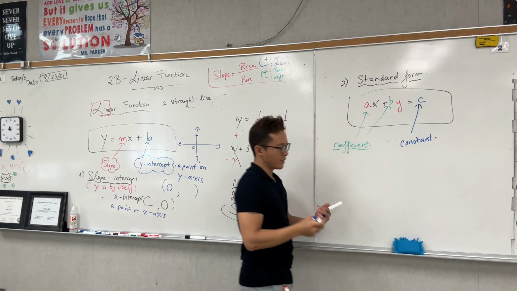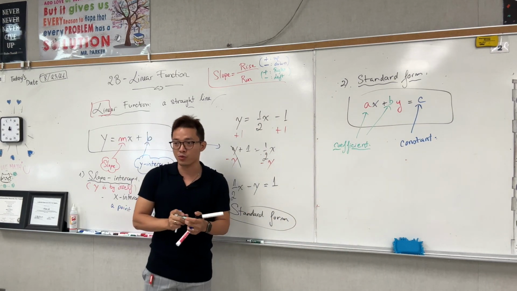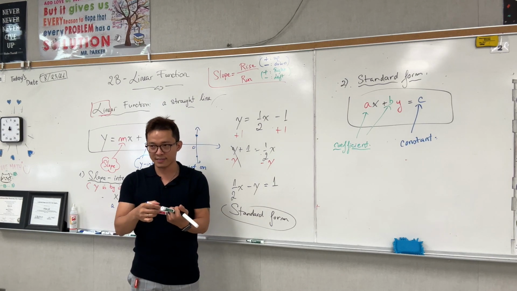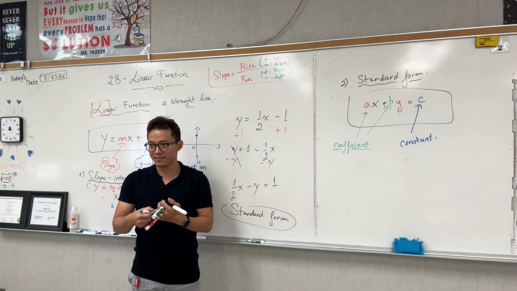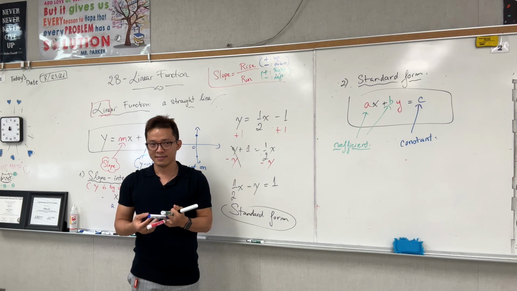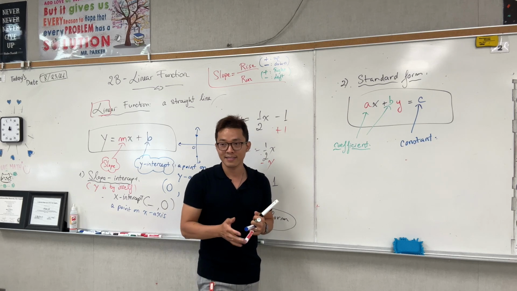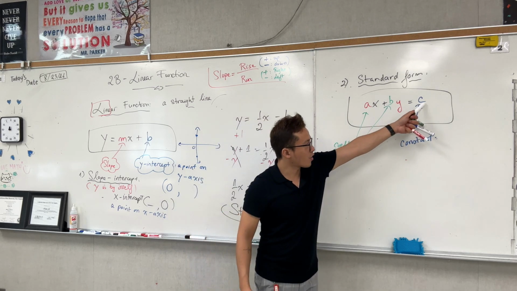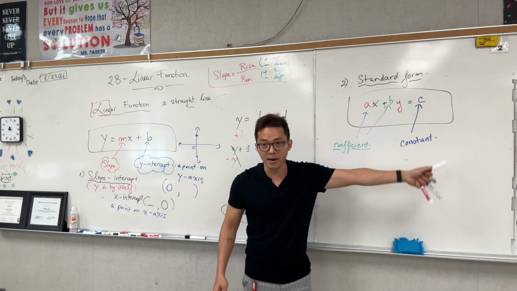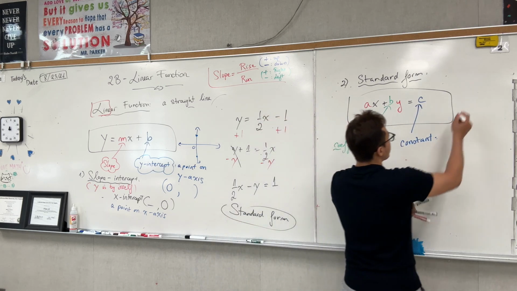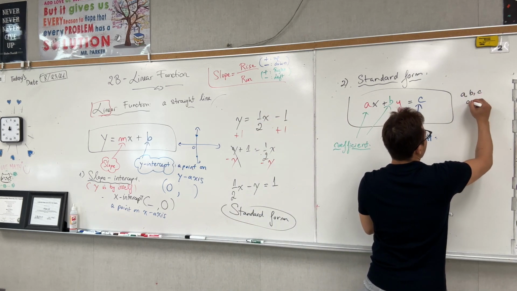Now, do you have any idea of the difference between coefficient and constant? Isabella, any idea? I'm showing you this is constant, and all of these are numbers. A, B, C are numbers.